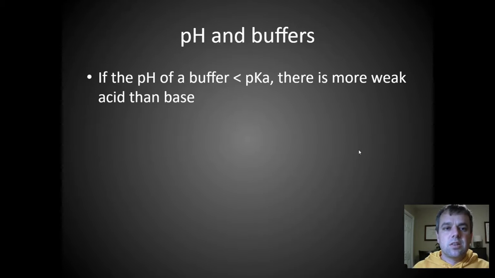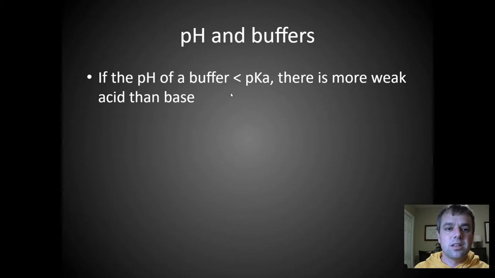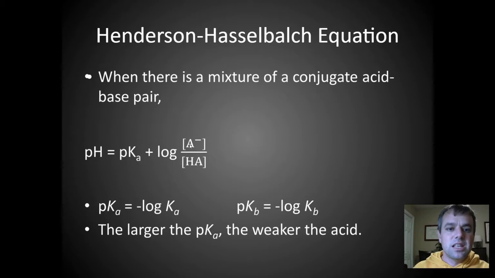Okay. So, we will talk more about pH and buffers later when we start analyzing titration curves. But if the pH of a buffer is less than your pKa, you have more weak acid present than base. And if it's greater than the pKa, there's more weak base present than there is acid. Because, for instance, if you have more base than acid, then this fraction is a number greater than 1.